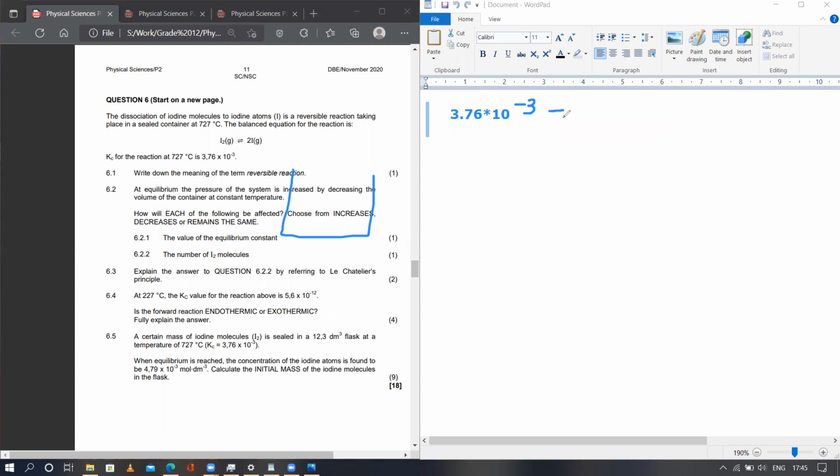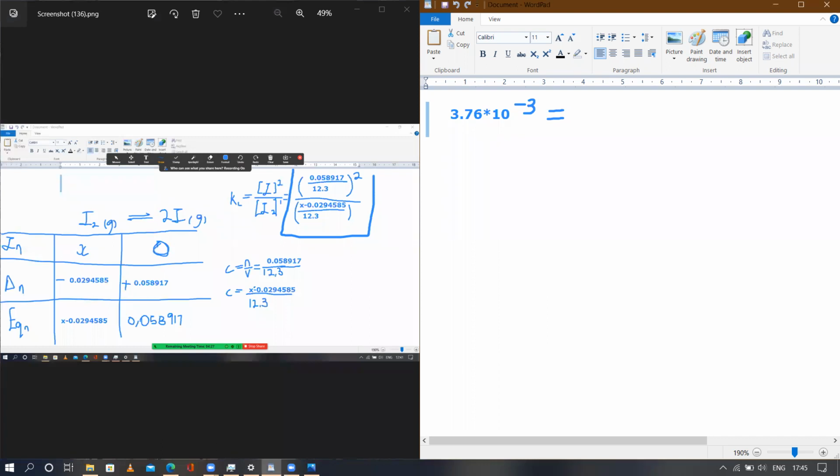So since we have our equilibrium constant, we can now find the initial number of moles of iodine molecules. And from that initial number of moles, we can find our mass.